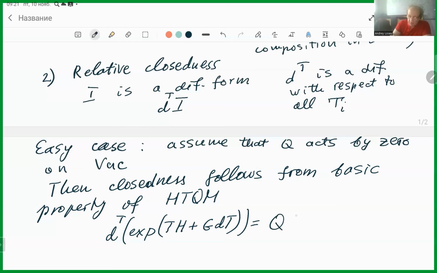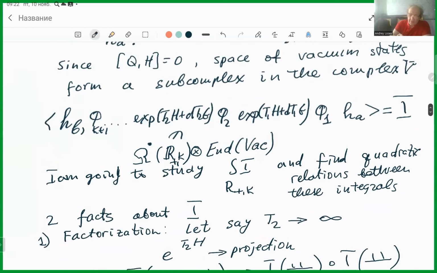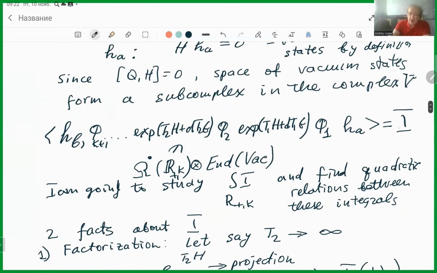Equals Q. I would even write it as a commutator. So what would happen if I apply D to I?